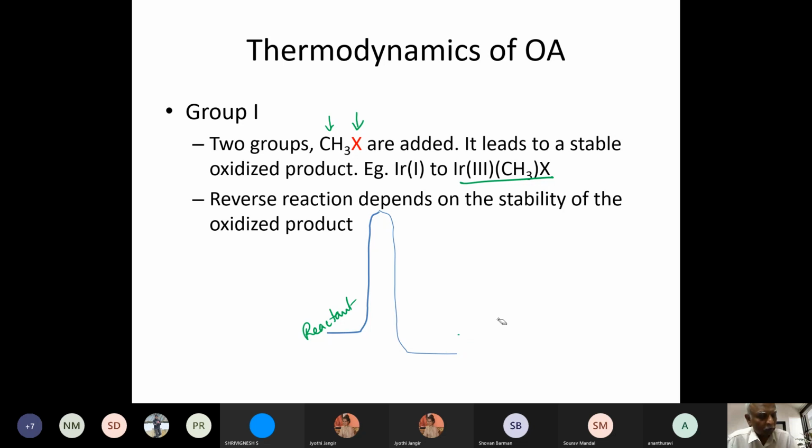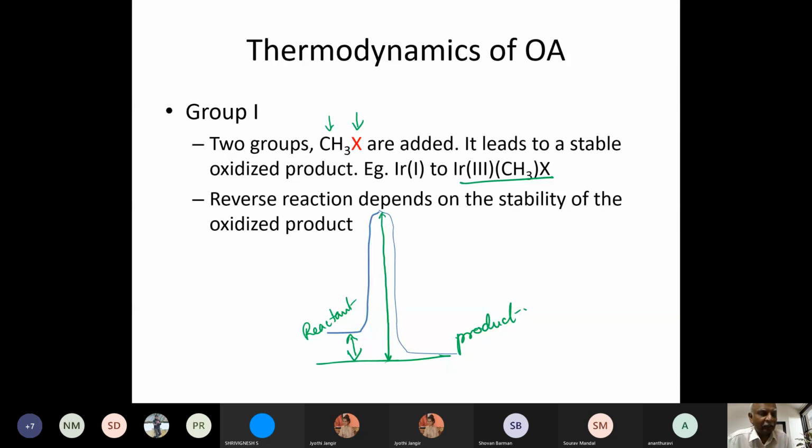Okay. So, depending on how well the product is stabilized with respect to the reactant, that is going to determine the energy of activation for the reverse process. The energy of activation for the reverse process is going to be like this, especially if it is exactly the same process repeated.